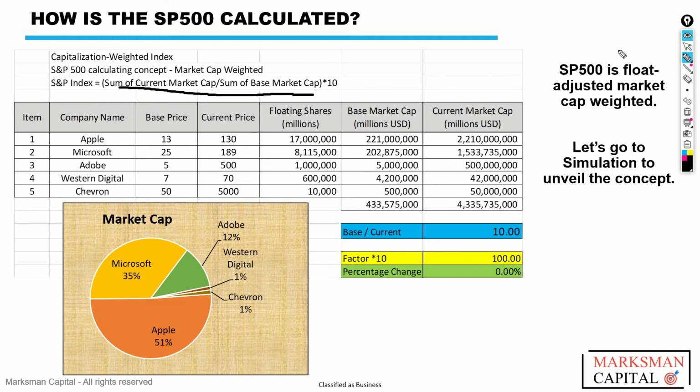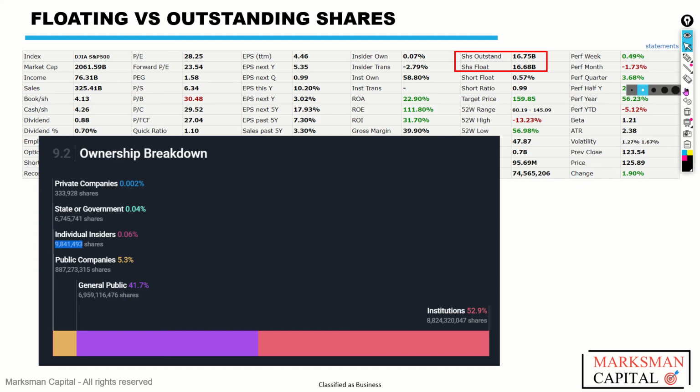The equation right here is that if we look at outstanding shares, it's just a display of total ownership before breaking it down. You know that most individual insiders, or the controlling shareholders as we call them, don't usually sell their shares. Say this is Apple, they're in a very small portion right here.